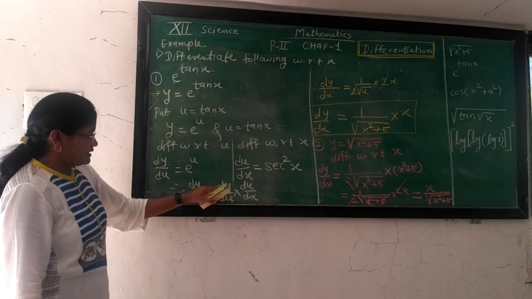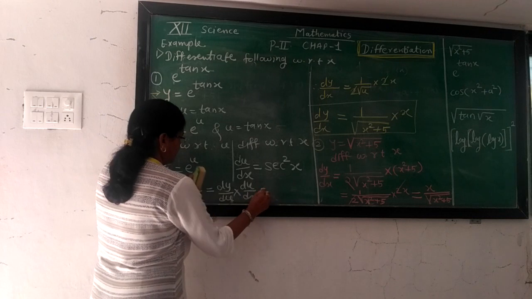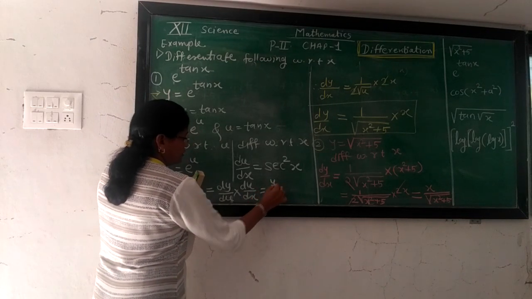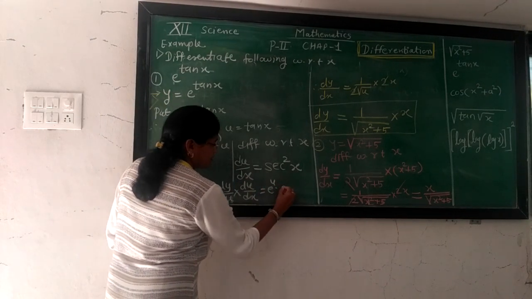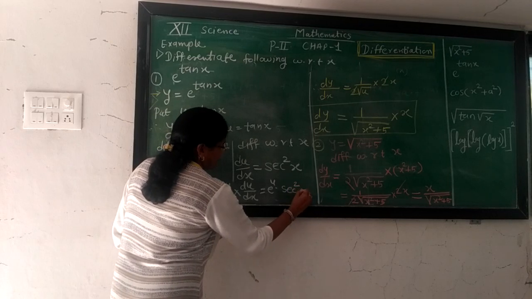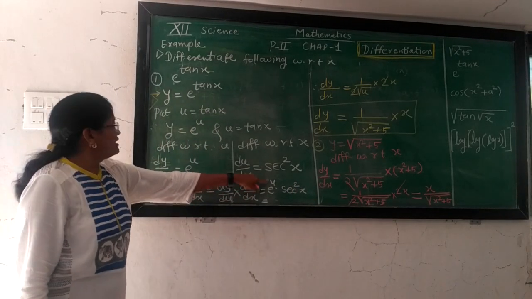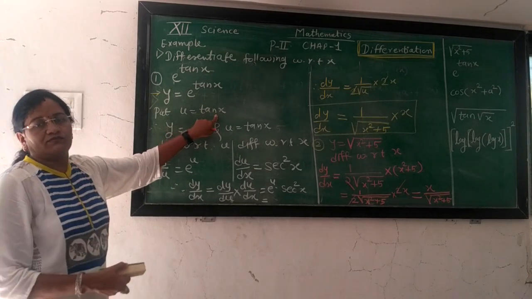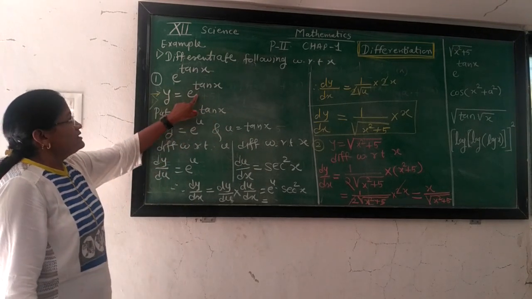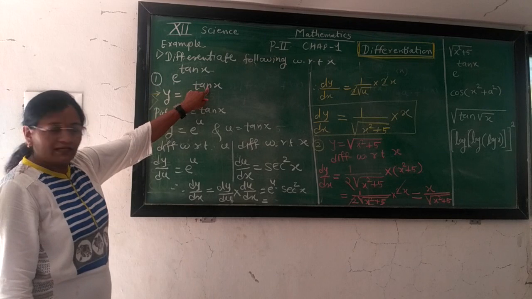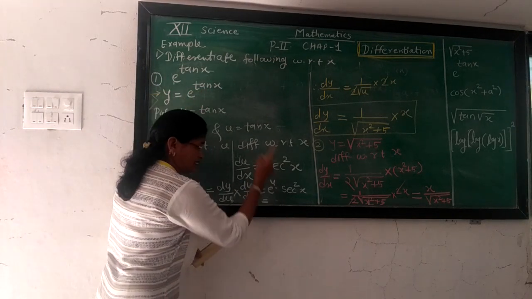Now we replace this value: dy by du is e raised to u, and multiply du by dx, that is sec square x. But that u can be replaced by tan x because we took this substitution for ourselves, but the given function is in terms of x only. So u can be replaced by tan x.